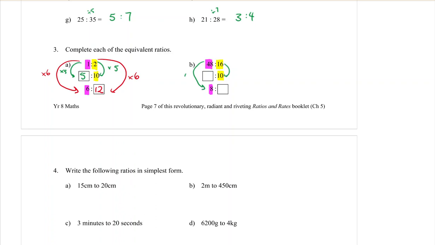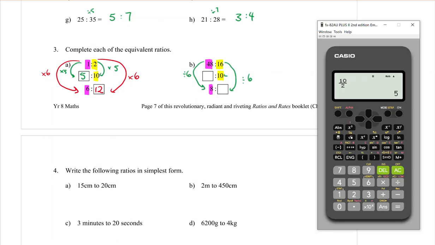So you're actually timesing that by 6, or actually we're dividing it when we go backwards. Going 48 divided by 6 gives us the 8. So on the other side, I'm going to do 16 divided by 6. Not so nice. What's 16 divided by 6? Not nice.